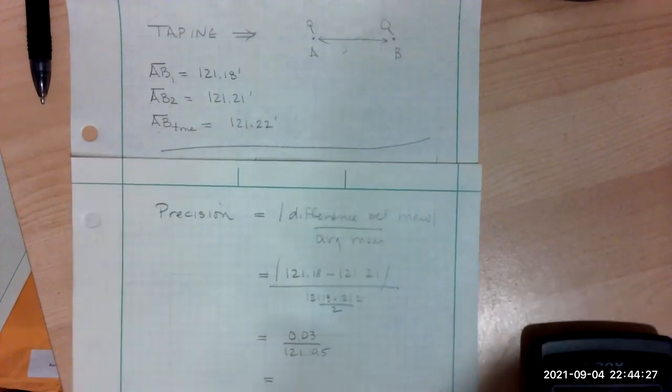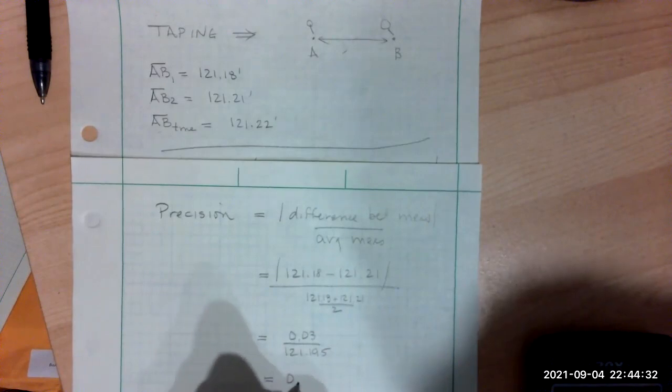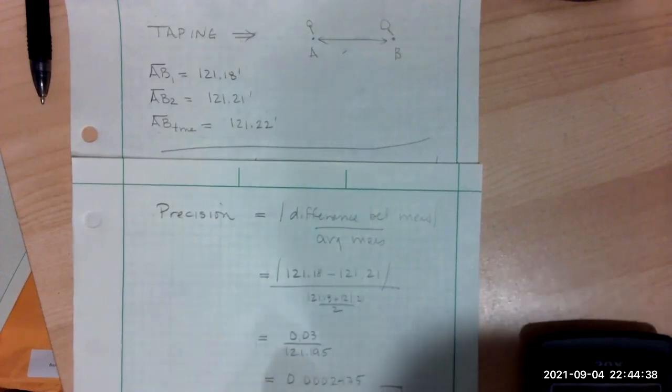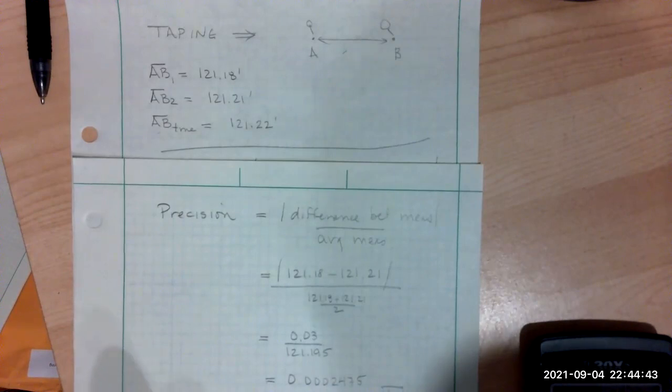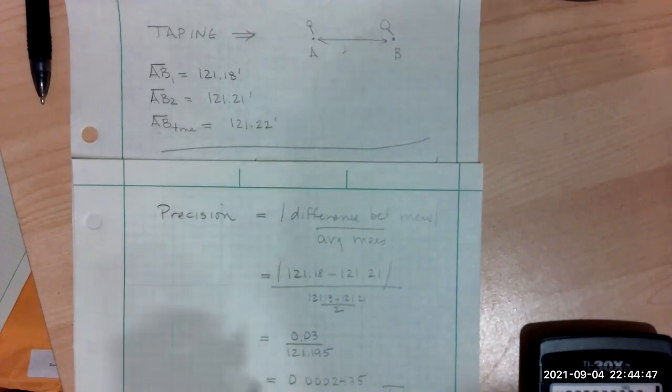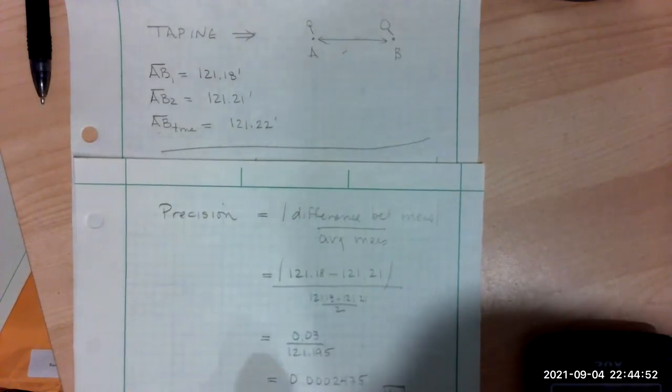And that equals 0.000247.5. And I hit that 1 over X button. And the precision error is equal to a 1 foot error in 4,040 feet. So this is what my error would be.